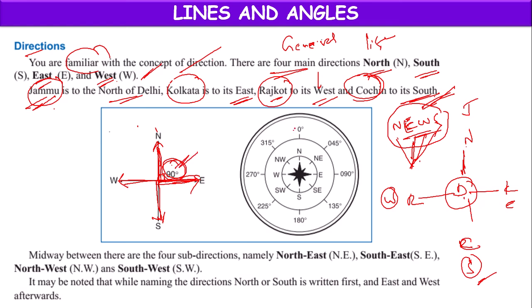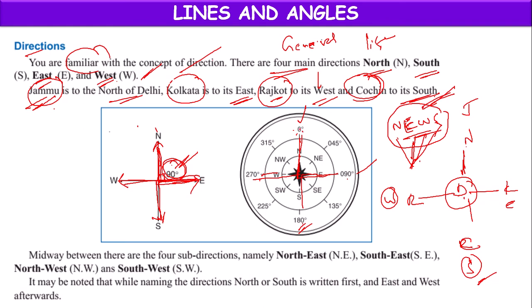Suppose if we take north as 0 degrees, then east will be 90 degrees, then south will be 90 plus 90, 180 degrees from north, and west will be 180 plus 90, 270 degrees, and north will be 270 plus 90, 360, which is equal to 0 degrees.